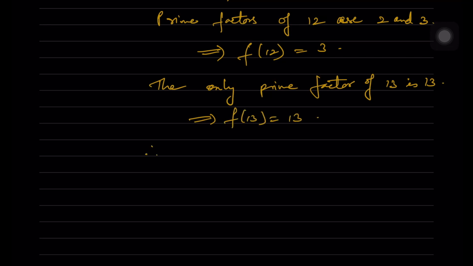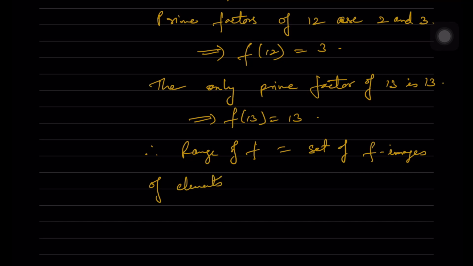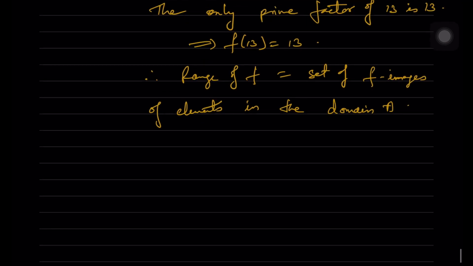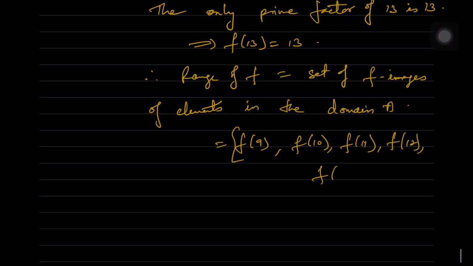So therefore range of f is equal to set of f images of elements in the domain A. So which is equal to f of 9, f of 10, f of 11, f of 12 and f of 13.